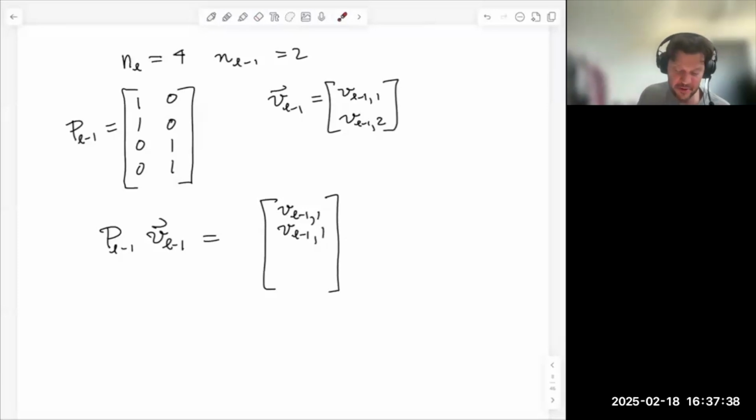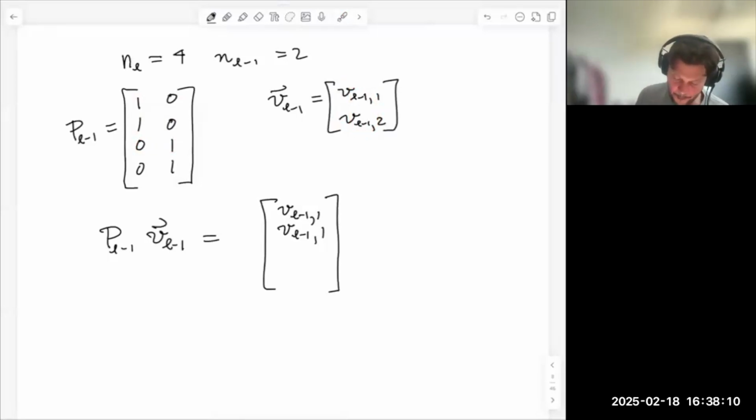And what about the second 2 positions? Well, the first 2 were gotten by taking this row and multiplying it by that column vector, and then that row times that column vector. We get the same product in both cases. What about the next one? I'm going to take this row and multiply it times that column vector.